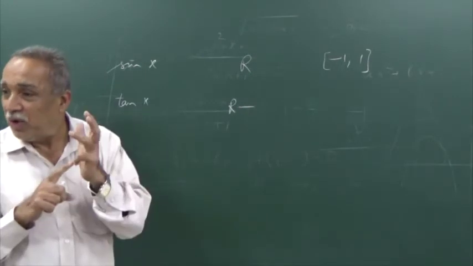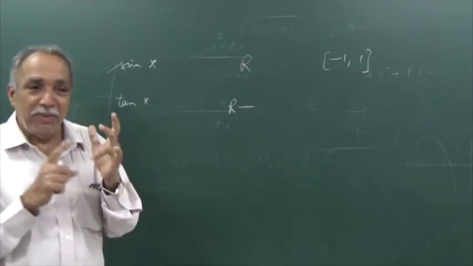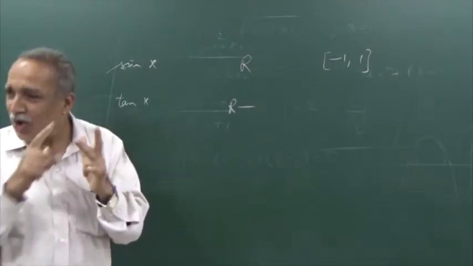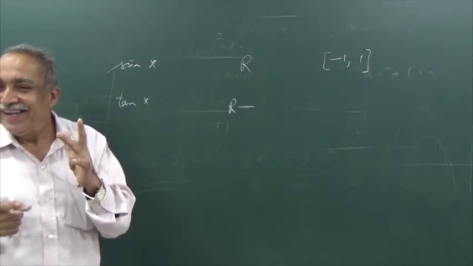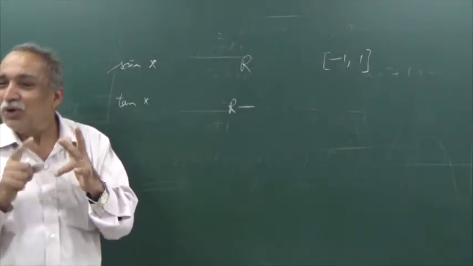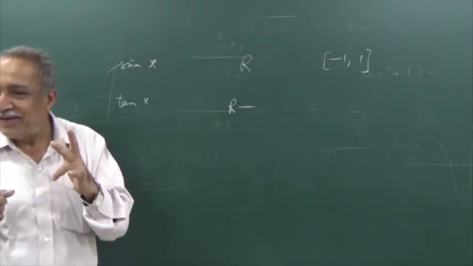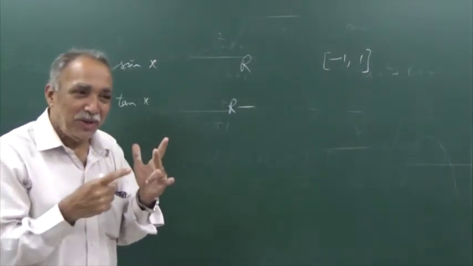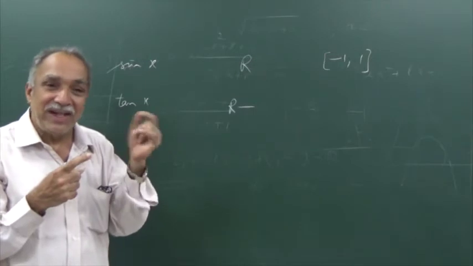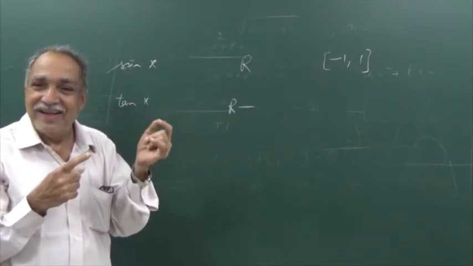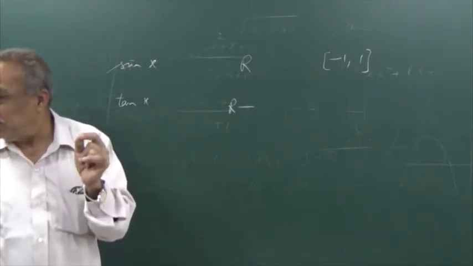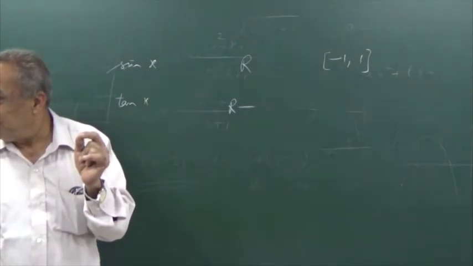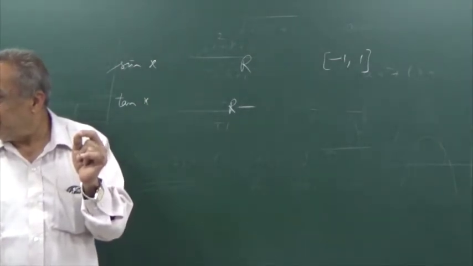Pi by 2, one point. 3 pi by 2, another point. List all the points. N pi by 2. So 2 pi by 2 also is a point. 2n plus 1 pi by 2. What value can n take? Any natural number, cannot be a negative integer. N cannot be minus 1.